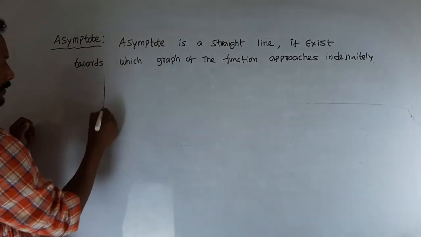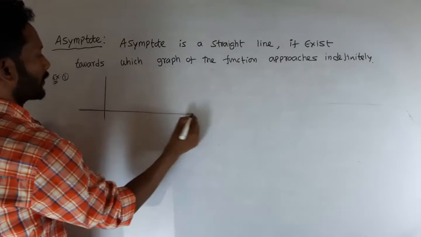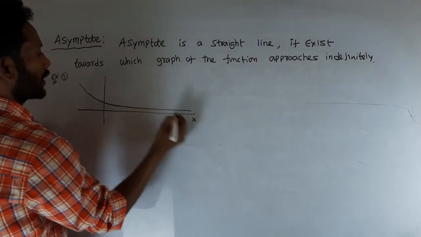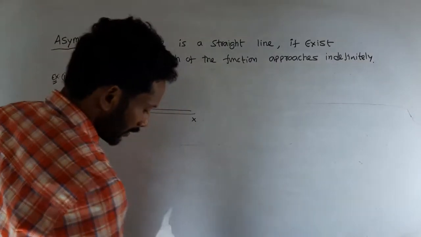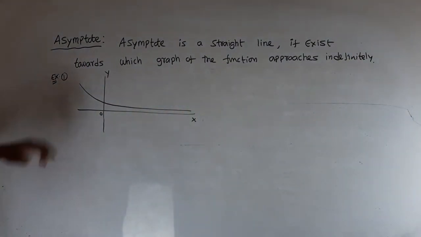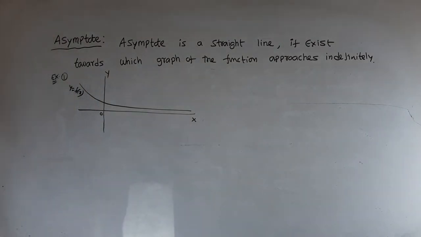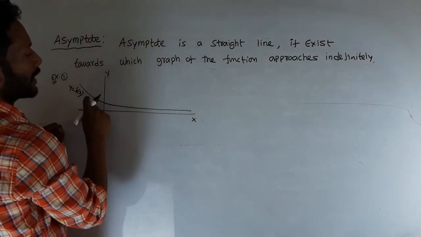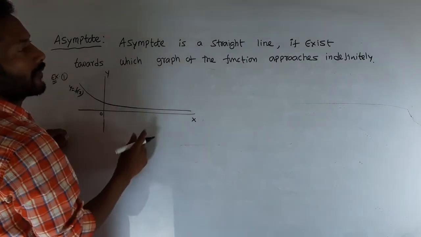An example. X-axis, y-axis. This one is y equal to f of x, the graph of f of x. Here what is asymptote? Asymptote is a straight line towards which the graph of the function approaches.